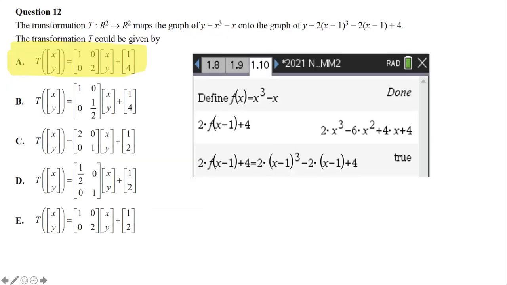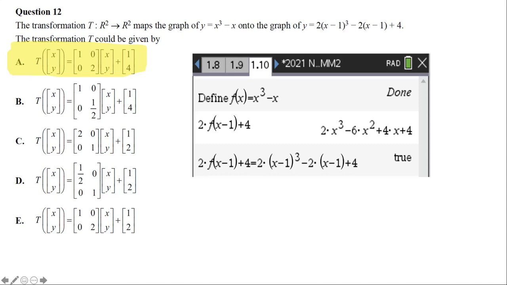Question 12. If you could spot the answer by inspection, that will be the most efficient way to tackle this question. You just notice you can do the dilation by a factor of 2 from the x-axis, which means you're multiplying this bit by 2. And then you're translating the graph to the right by 1 unit, which is indicated by x minus 1 in brackets, cubed.